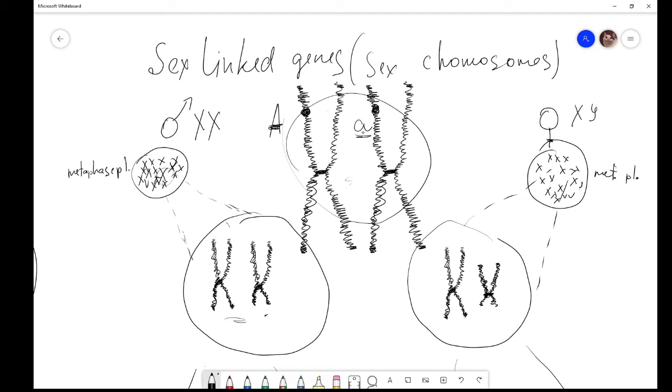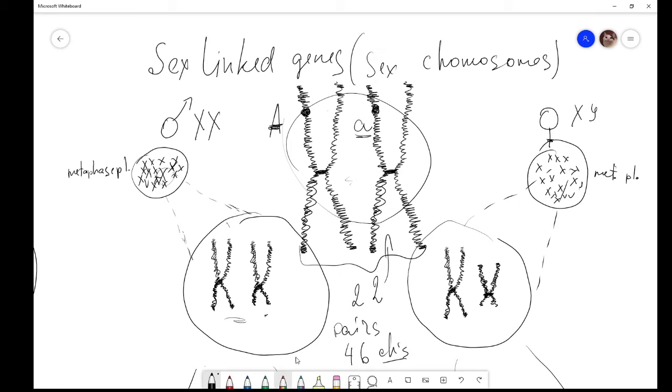What's next? Humans have 23 pairs of chromosomes, which is 46 chromosomes. There are 22 pairs of autosomal chromosomes, and here I show an example of autosomal chromosomes.